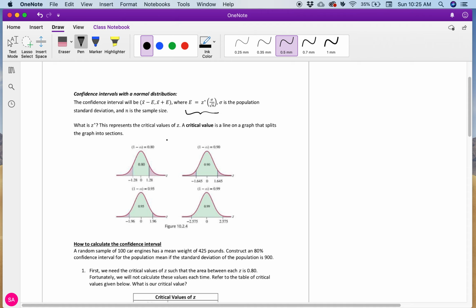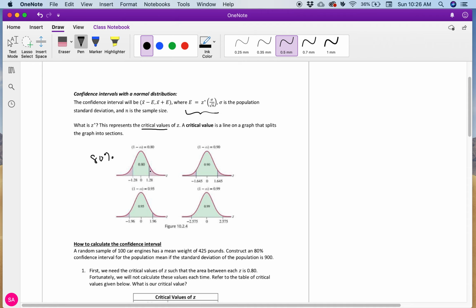So z star is the critical values of z. Well, what's a critical value? A critical value is a line on a graph that splits that graph into sections. And I have a couple examples right down here. So for example, right here, this is an 80% confidence interval. Essentially, about 80% of the area, or 0.80 of the area, is right here in the green.